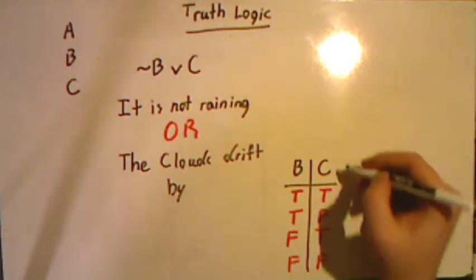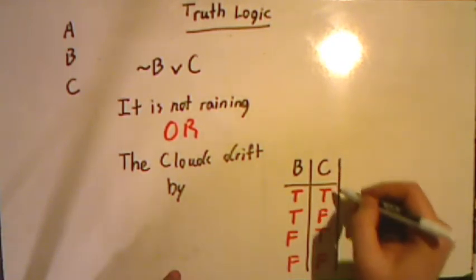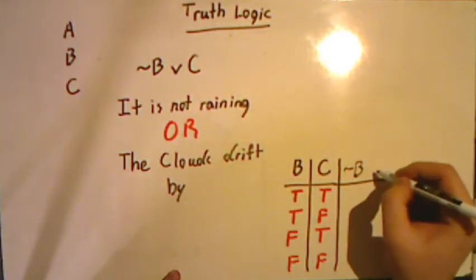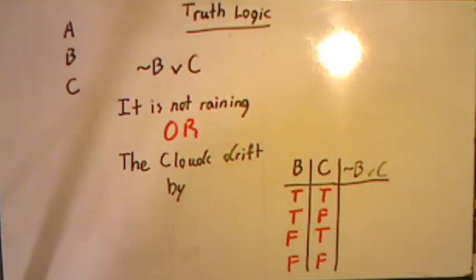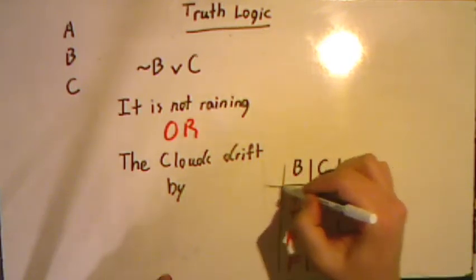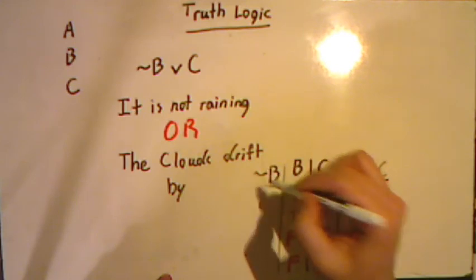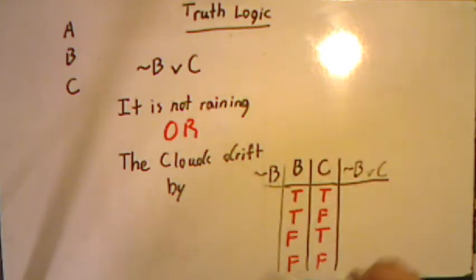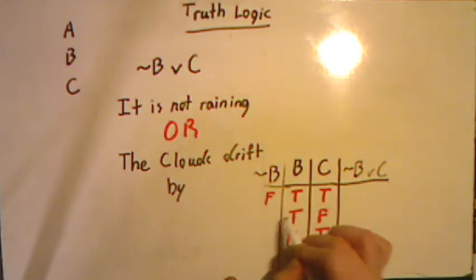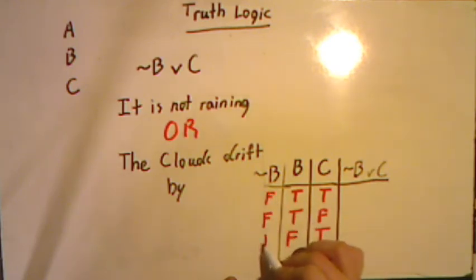As long as we have these combinations, we tack on the sentence we are looking at, in this case, not B or C. For ease of taking a look, since we are negating B, we could set that up as an additional part of our truth table, just taking the opposite of whatever B gives us. So true to false, true to false, false to true, false to true.